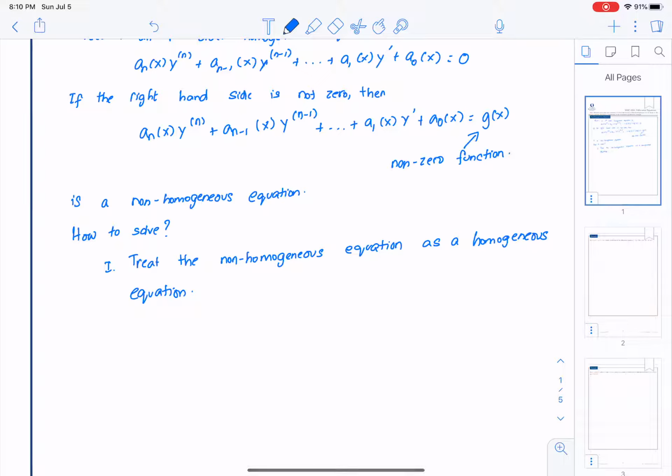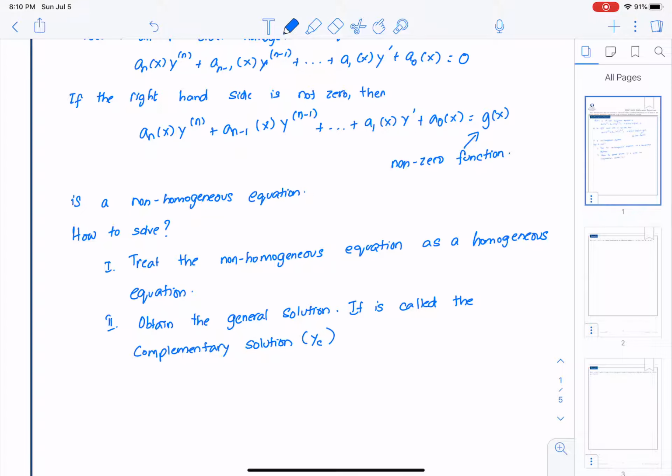We can use one of those methods to obtain the general solution. This general solution is called the complementary solution, or complementary function.